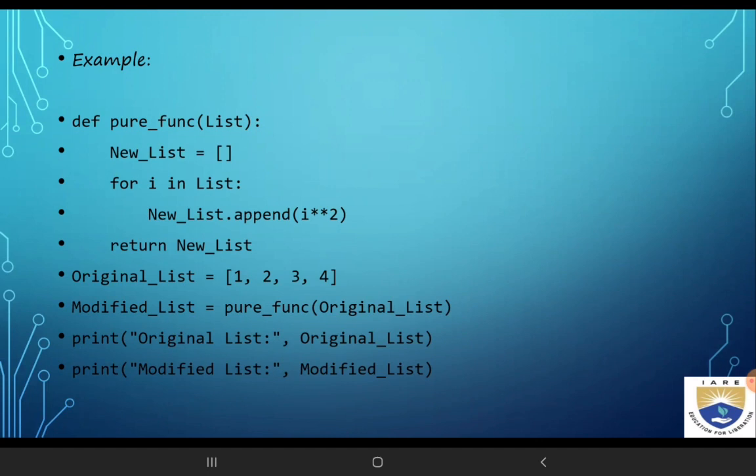We can see that the input is original list 1, 2, 3, 4, and modified list is the pure function applied on the original list, and it prints the original list as well as the modified list.